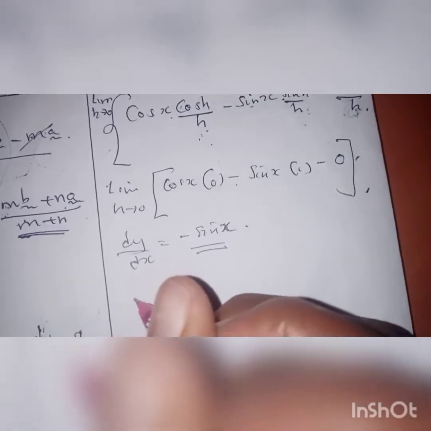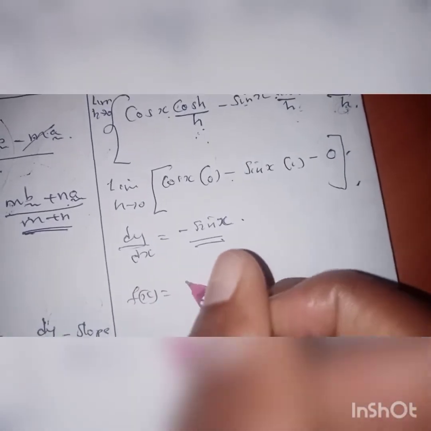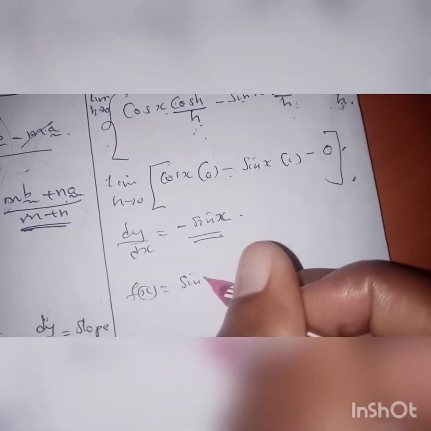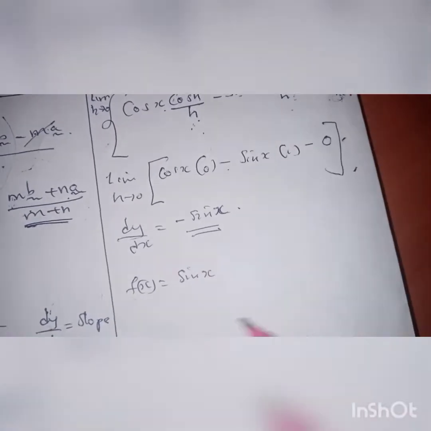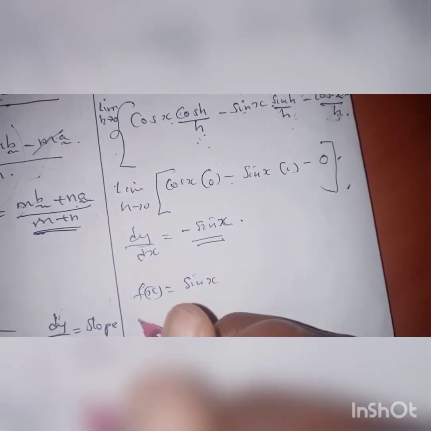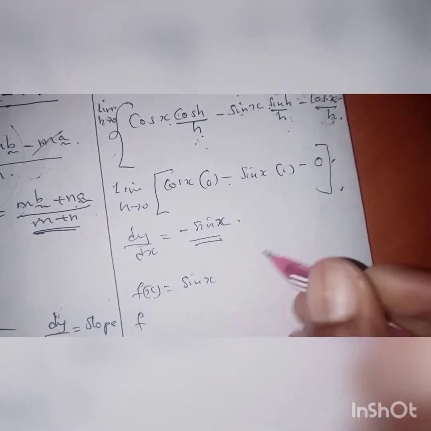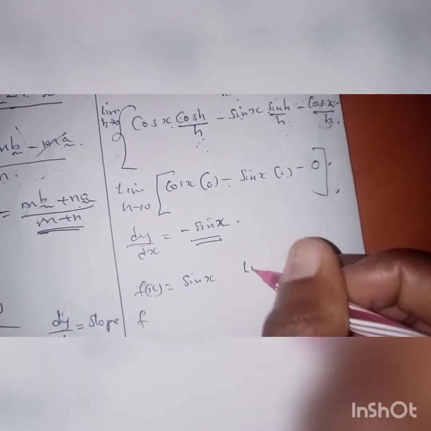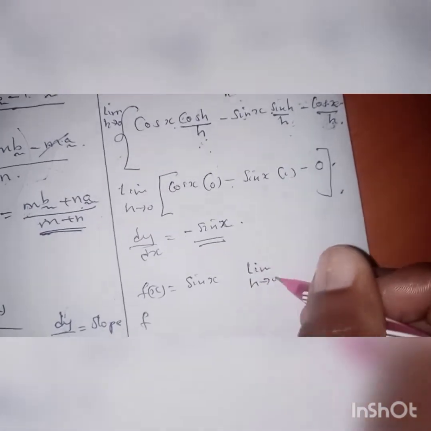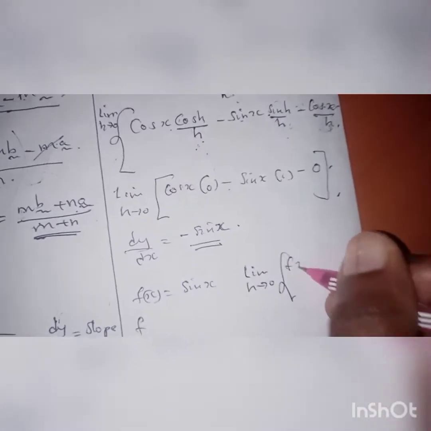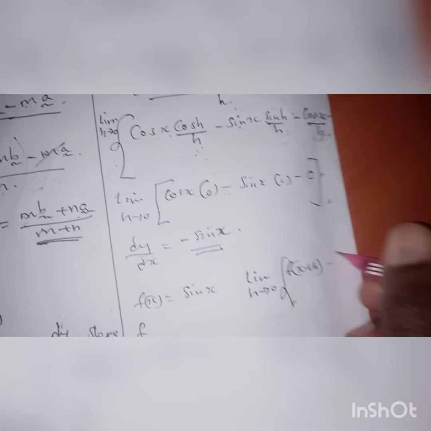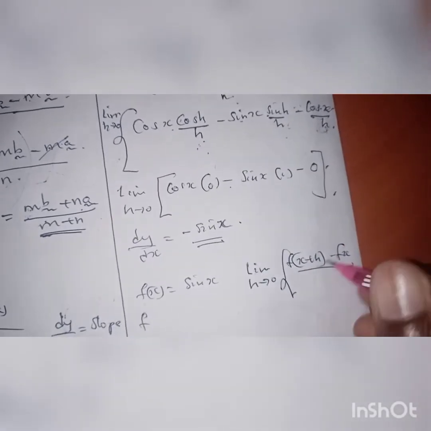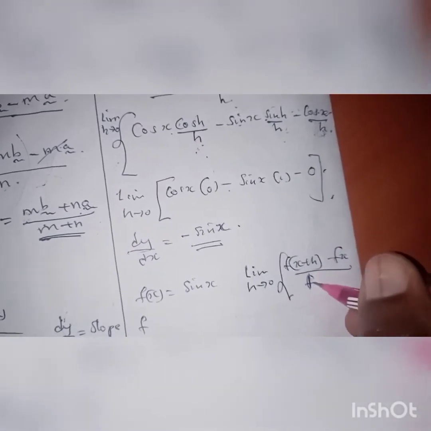Let's prove that. Given a function f(x) equals sin x, to differentiate this function we take the limit as h approaches 0 of f(x plus h) minus f(x), all over h.